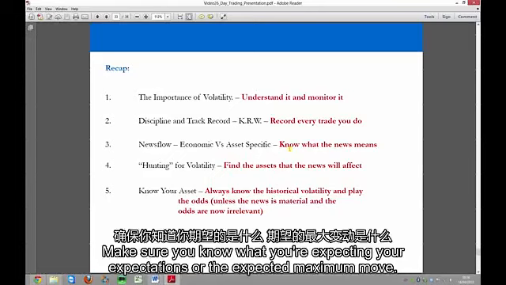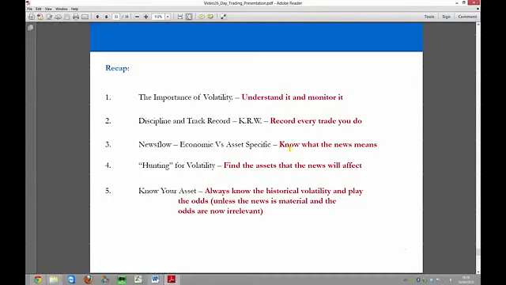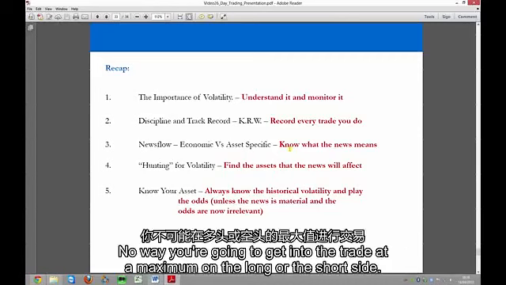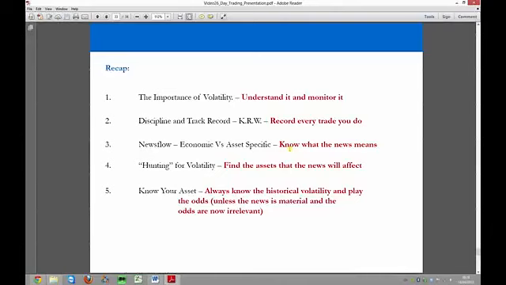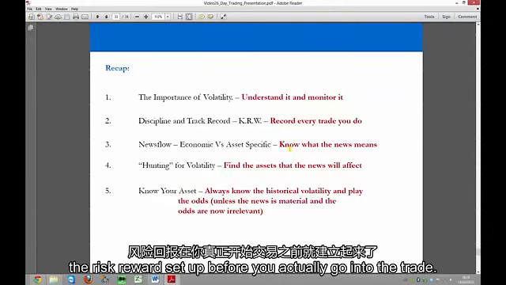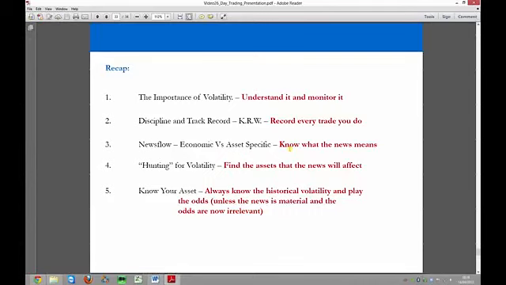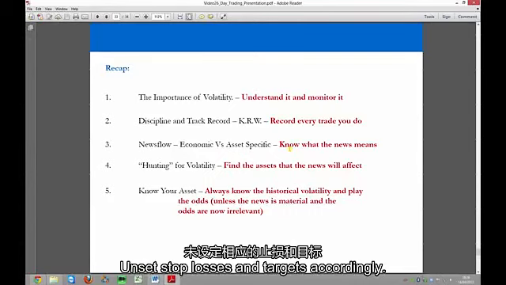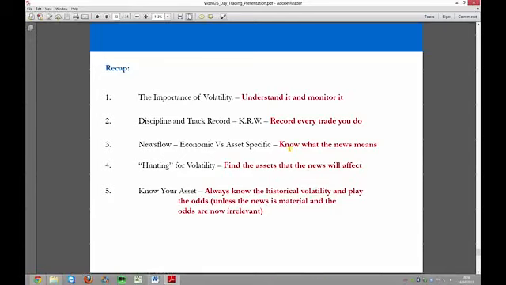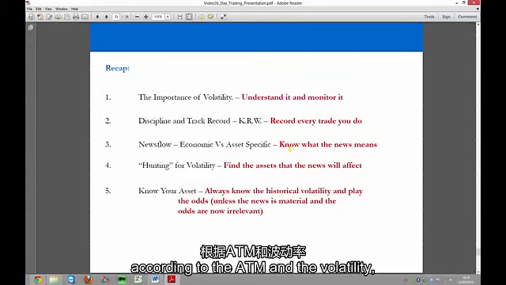Make sure you know your expectations, or the expected maximum move. Know where you're going to get into the trade at a maximum on the long or the short side. Know the risk reward setup before you actually go into the trade, and set stop losses and targets accordingly, according to the ATR.